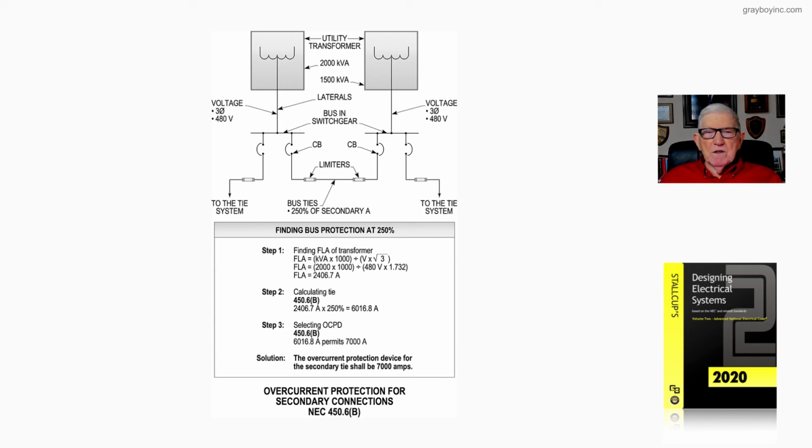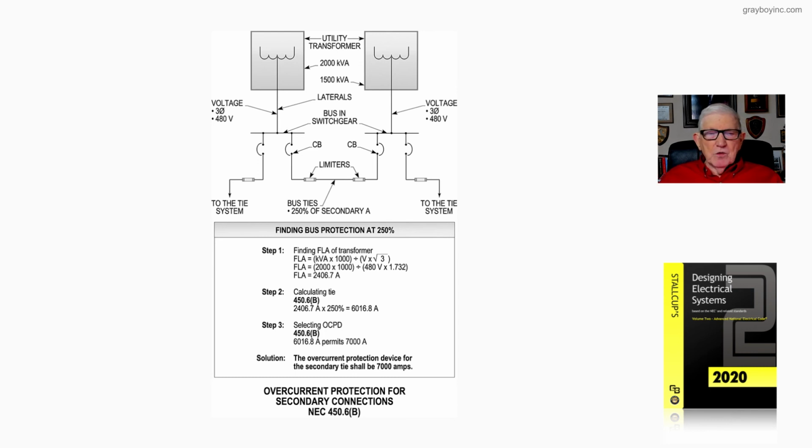We come up with approximately 6,016.8 amps. So with that value of amperage, we would need a 7,000 amp overcurrent protection device for the secondary tie, and it would be rated at 7,000 amps as shown in the solution.